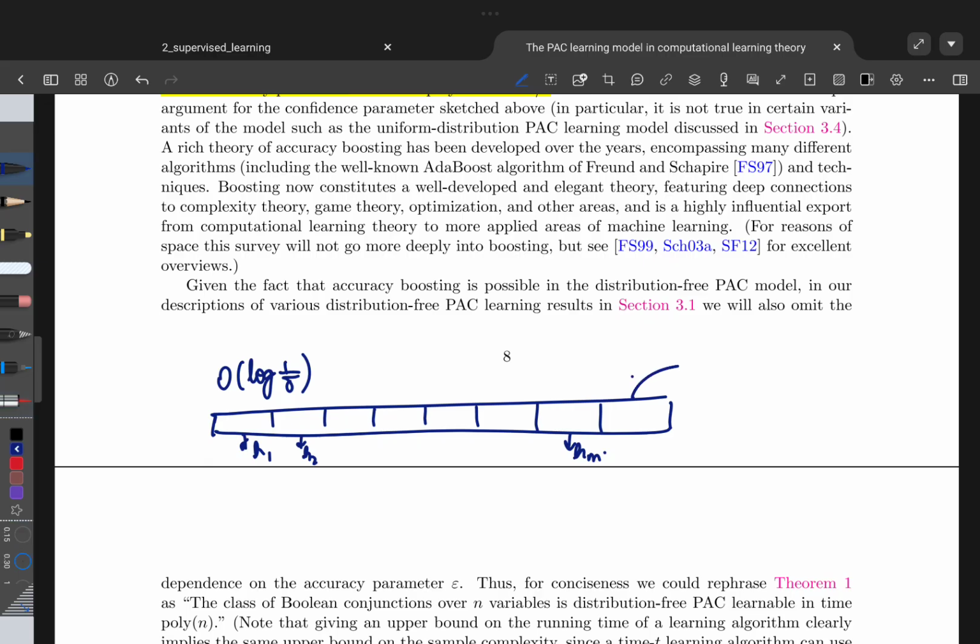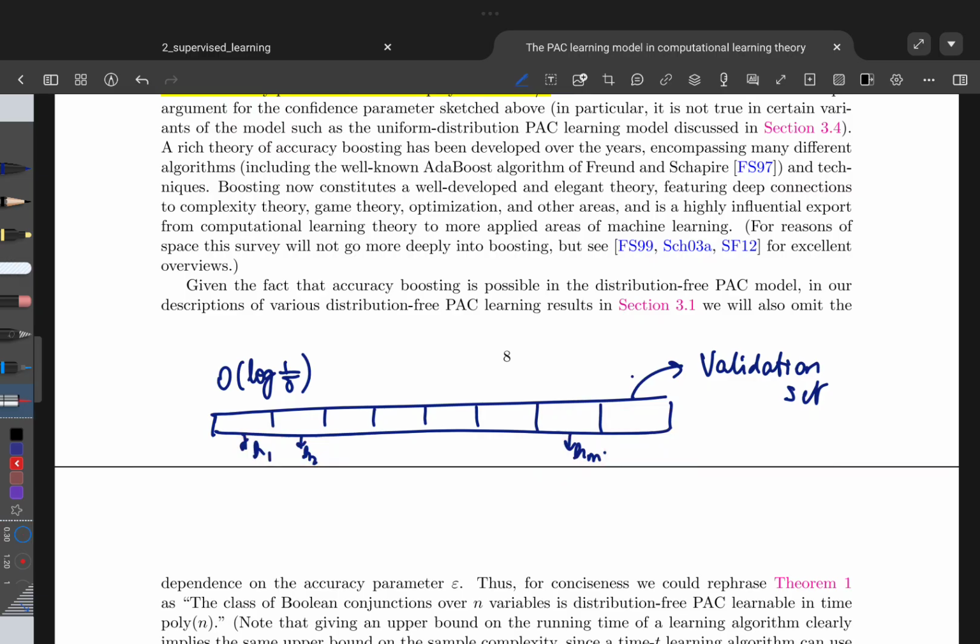The goal is to basically treat this as a validation set, which means that I'm going to find the empirical risk of each of these predictors on this particular validation set. That's it, nothing else.